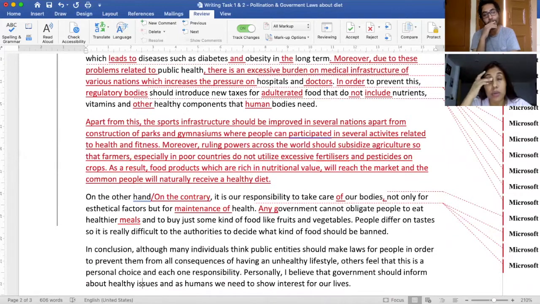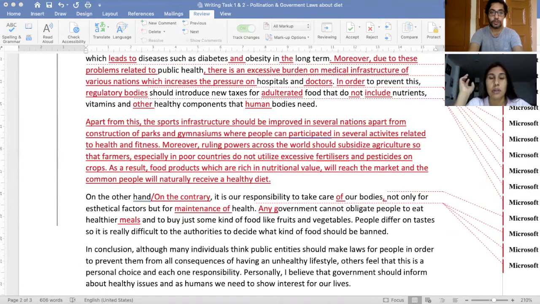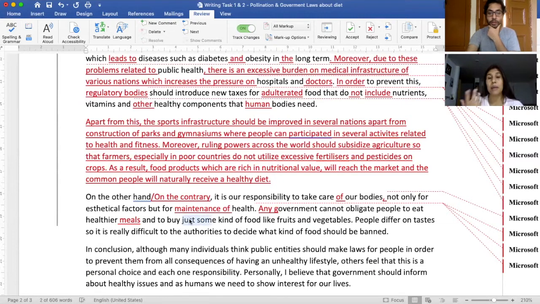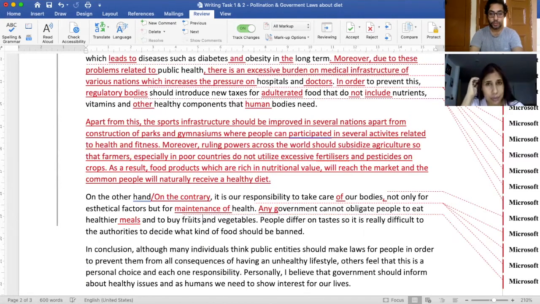Well, I guess it's really hard for the government to obligate people just to consume one type of food, either fruits or vegetables, or just healthy food, because people's tastes are really different. What if I want to eat healthier, but I don't know how, or I don't like fruits? It can happen.